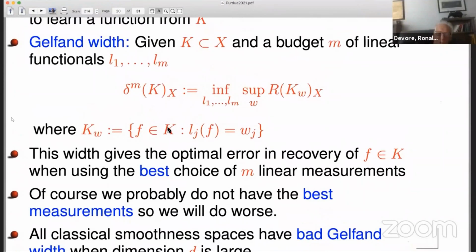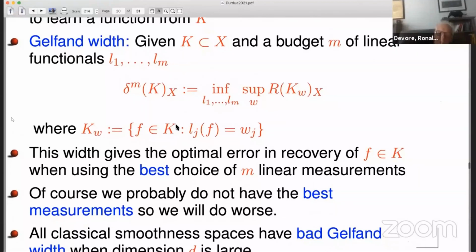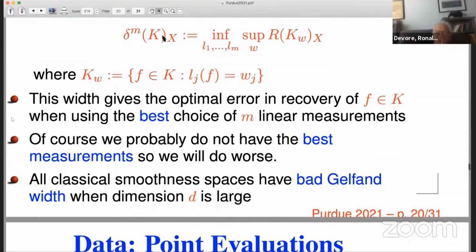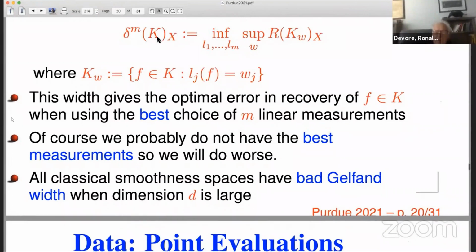My view of the subject is that you need a model class, and it's important to understand what the Gelfand width of the model class is, to understand how many measurements m you would need to attain a certain accuracy. Delta m would tell you the best accuracy you could attain with m measurements.